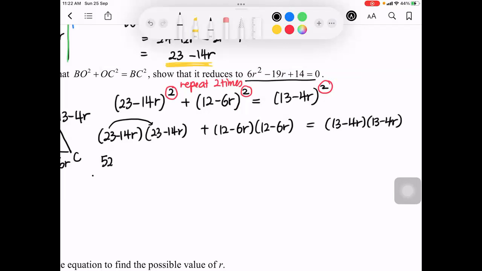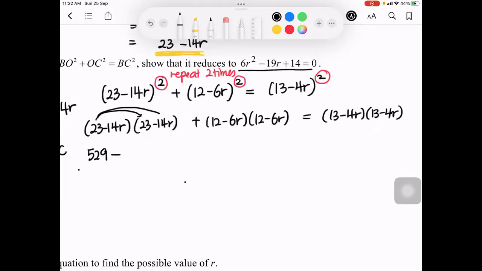Thank you very much. Then 23 times 14. 322. Then 14, this one still minus 322r.